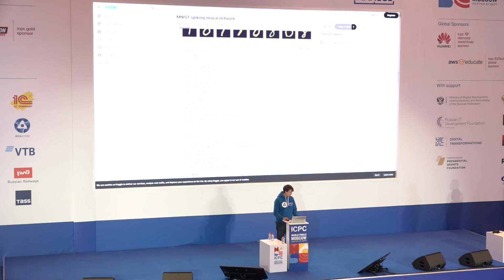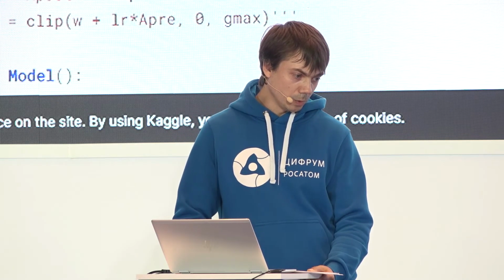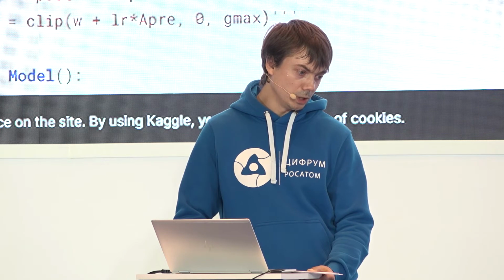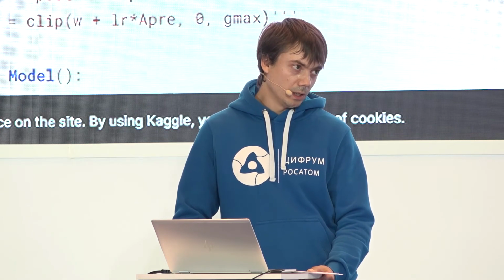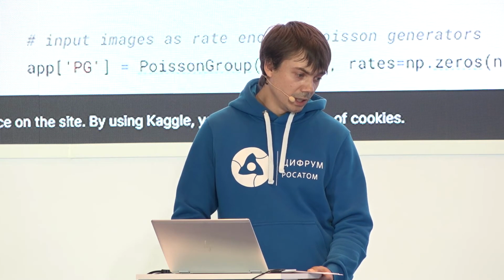Then I want to show you how spiking neural networks are configured. At the start, we have some global variables which describe the neural network model parameters.